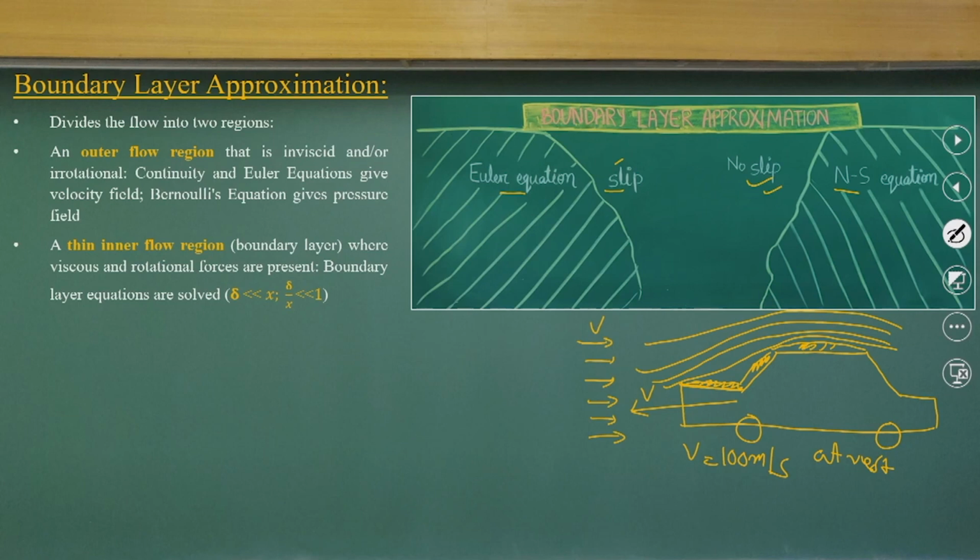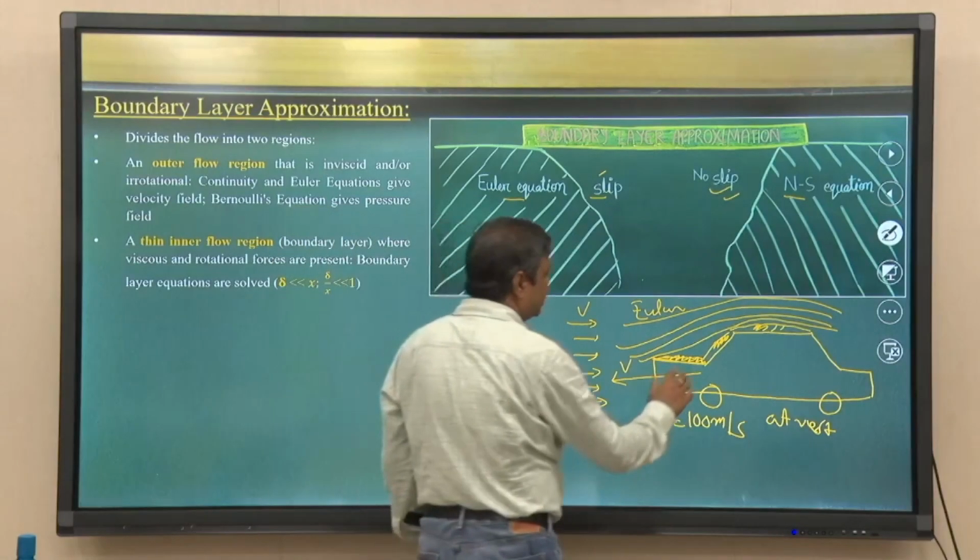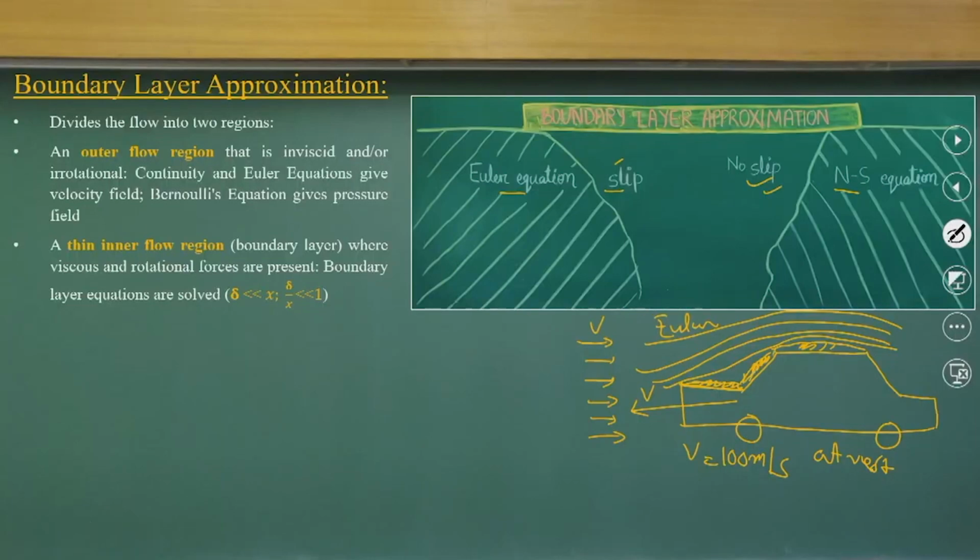That is not a big issue. Here, the Euler equation is valid, but the boundary condition in Euler equation is a slip condition, but in reality it is not a slip condition, it is no slip, and there is a formation of boundary layers. Okay.